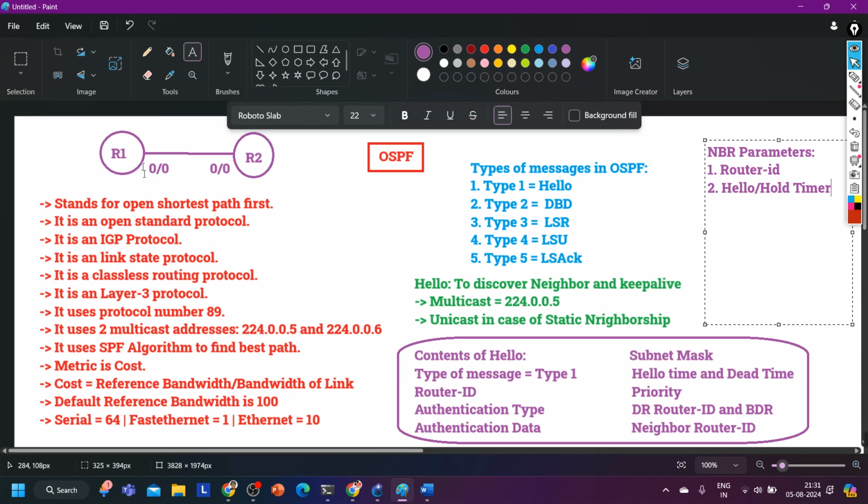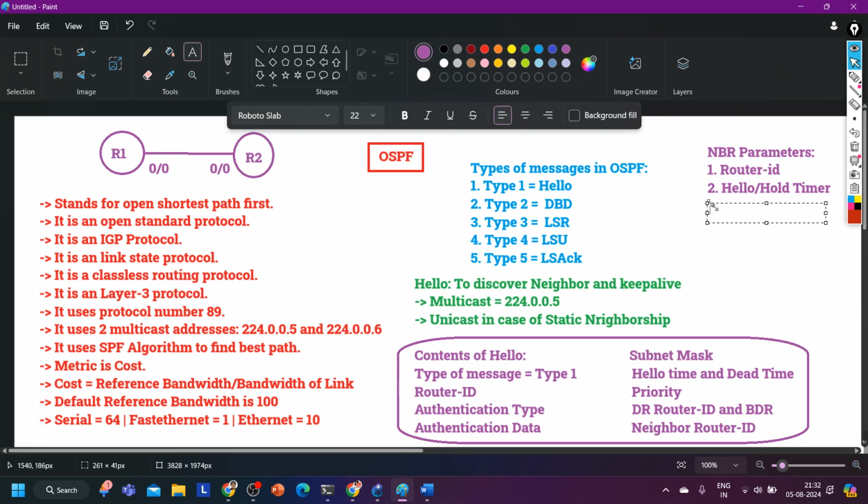The timers must match, right? So let's say the hello time on router number 1 is 10 seconds and the hold on time is 40 seconds. So the same hello time and hold on time should be configured on router number 2 also. Then only OSPF will form neighborship, right?